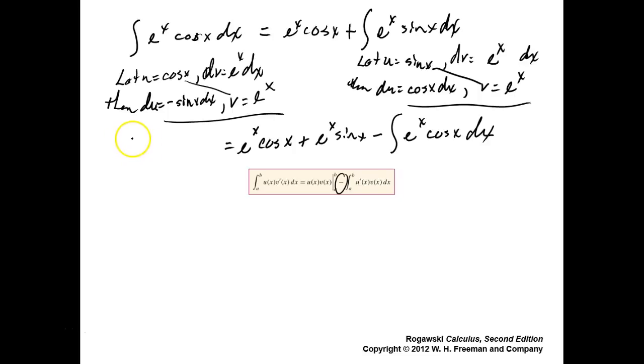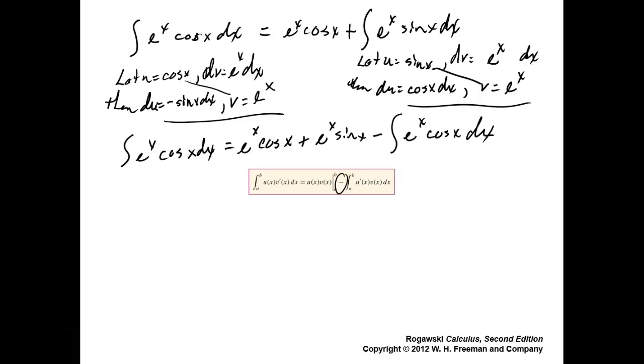Okay, remember all this was equal to the integral of e to the x cosine x dx. That's what we started with, and that's what we've got so far. Are we running in circles? We're back to the same integral we had before. And we aren't any closer to solving it, right?